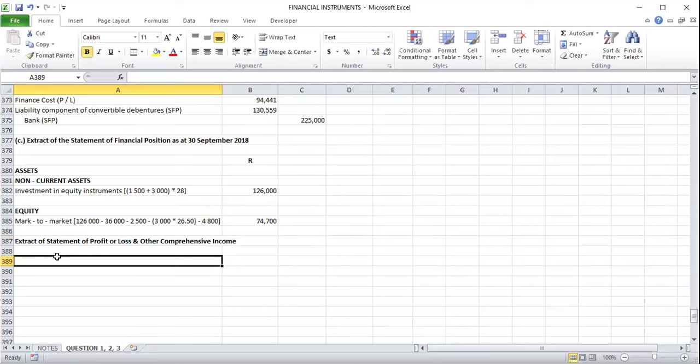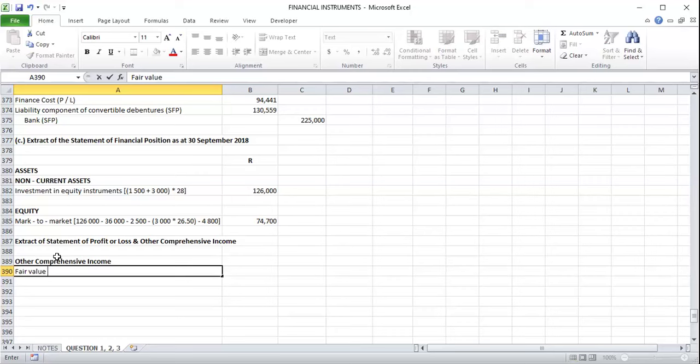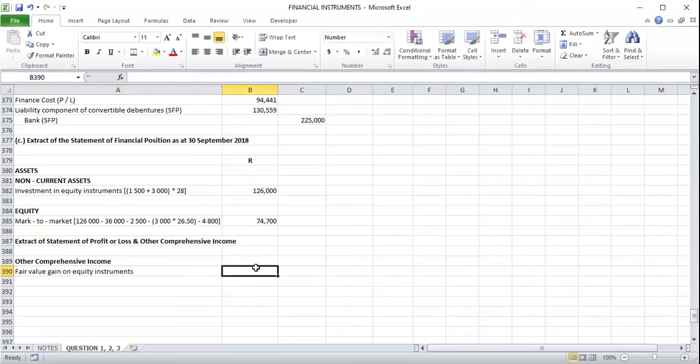We'll have under other comprehensive income the fair value gain on financial assets. That's it.